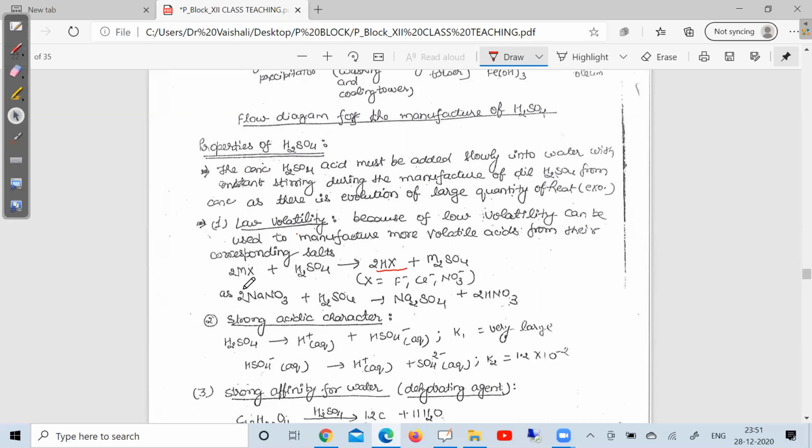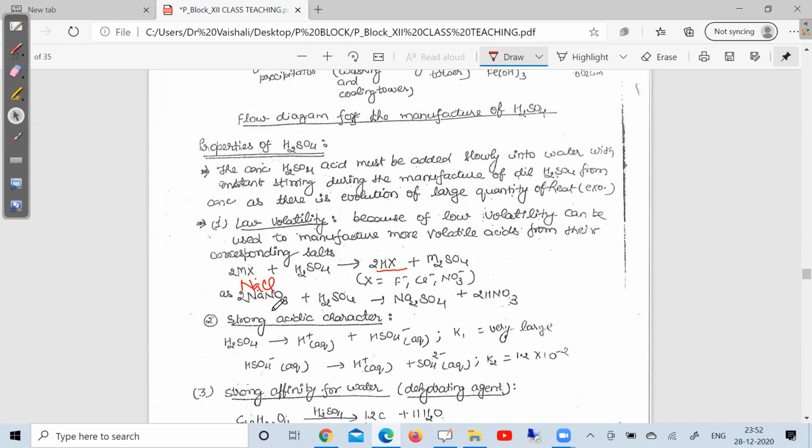You can see any metal halide, suppose NaCl, when NaCl reacts with concentrated sulfuric acid, it forms what? NaHSO4 plus releases HCl gas, which is fuming, which gives fumes, meaning a fuming acid.